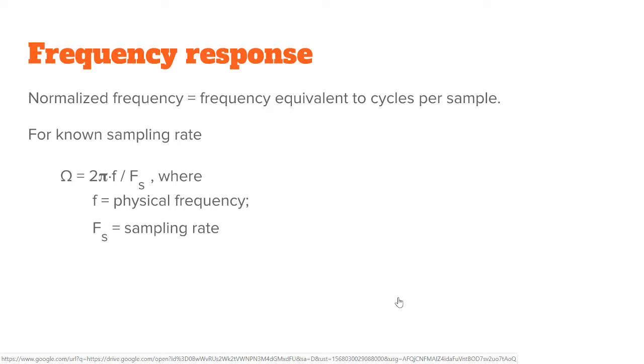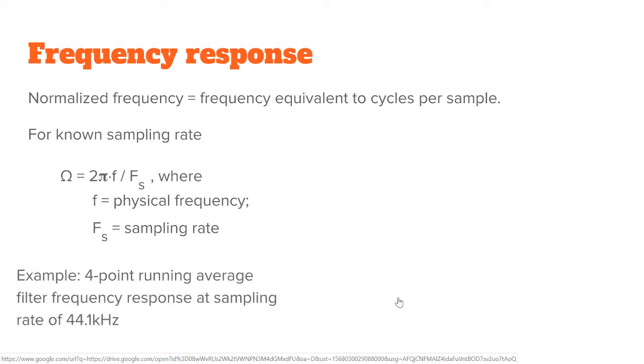Okay, so for a known sampling rate, that's how you change this normalized frequency into real frequencies. Be careful with MATLAB or Octave. They do not necessarily have the pi or 2 pi in this formula. They might actually give you normalized frequencies 0 to 1, where 1 means the Nyquist frequency. So the pi is missing.